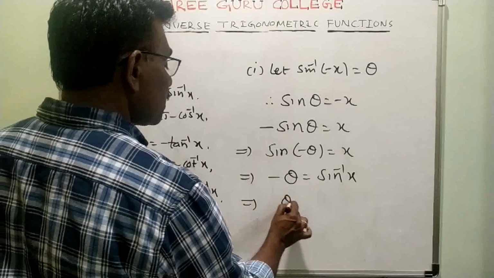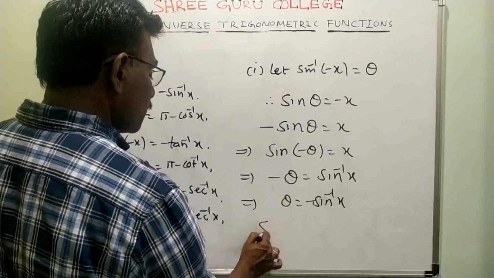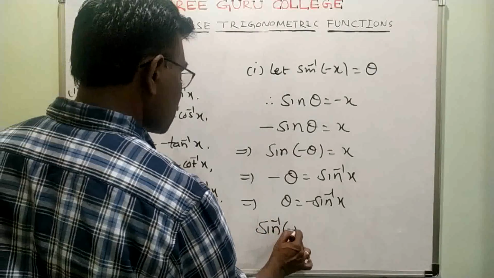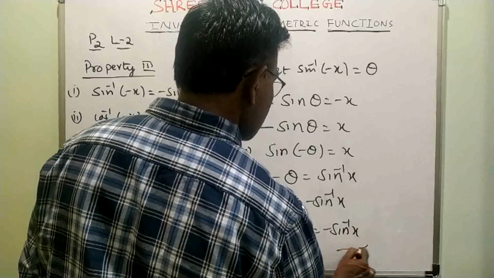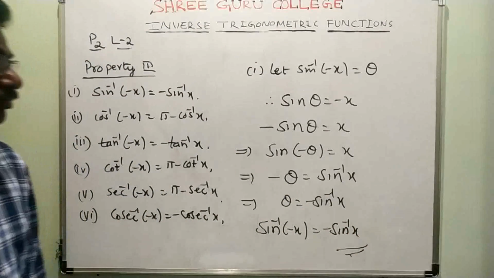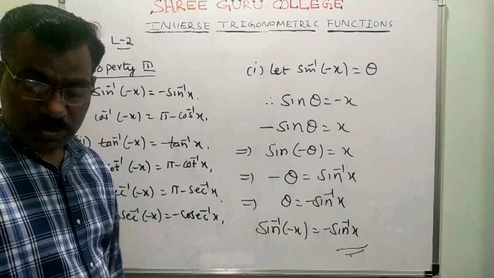This implies theta is minus sin inverse of x. So sin inverse of minus x is equal to minus sin inverse of x. This is the answer.